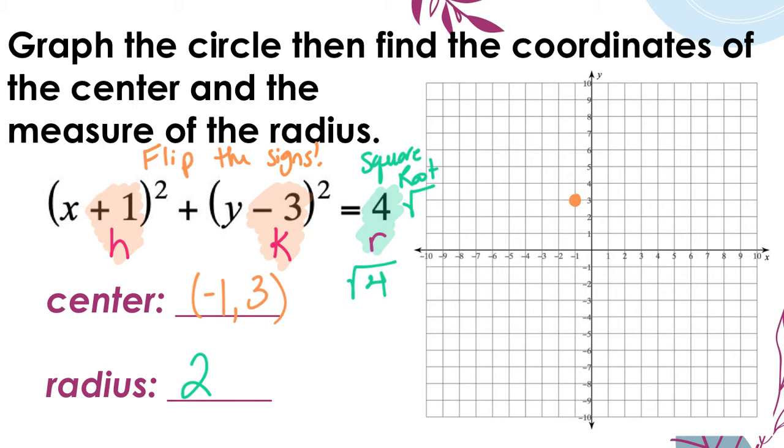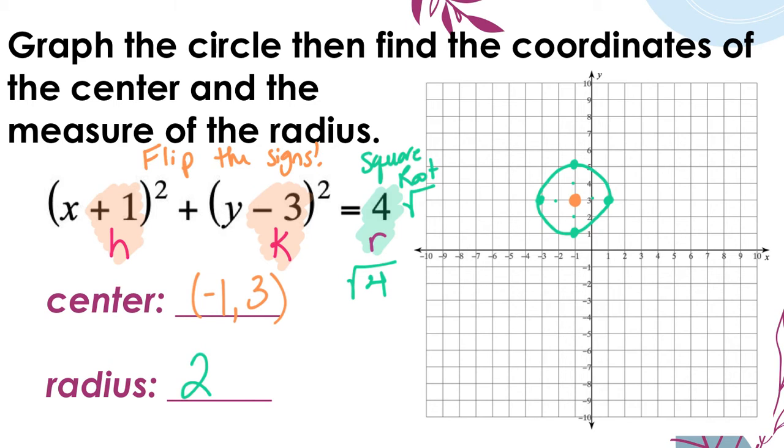And then I'll graph that radius. From the center, I count out 2 spaces, and then connect the dots. And that is how I graph my circle.